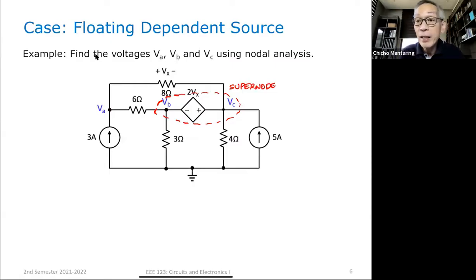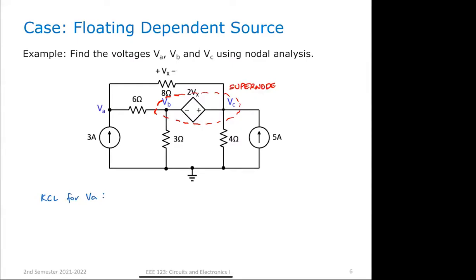Okay, so what is the KCL equation for V sub A? I know that you're already experts at doing this, but I will ask another person just for practice. Who hasn't been asked yet?